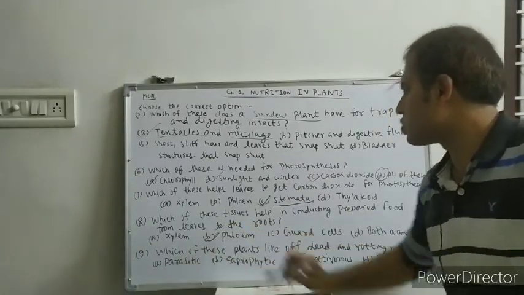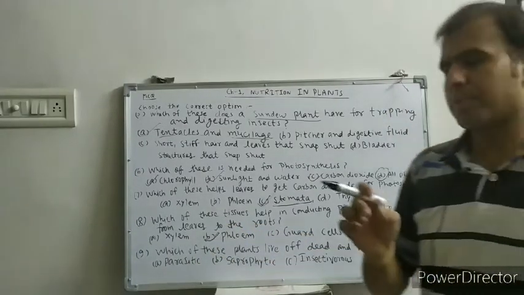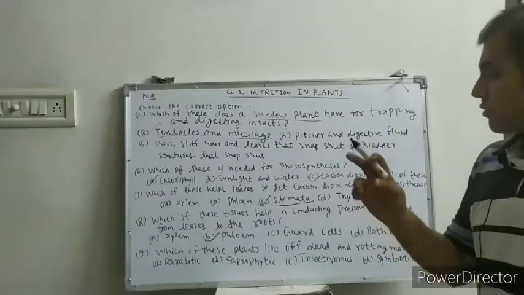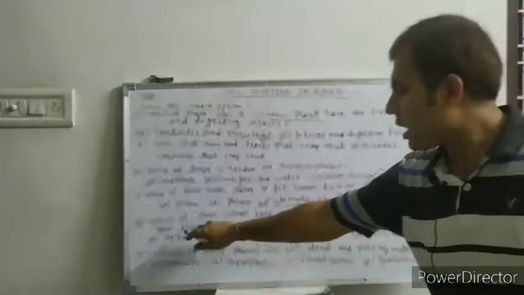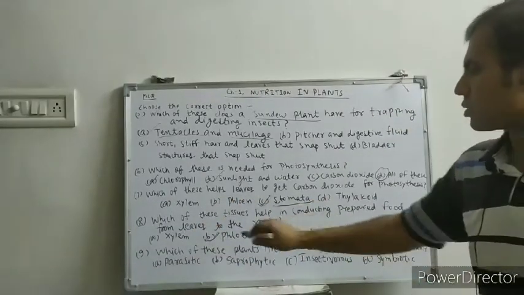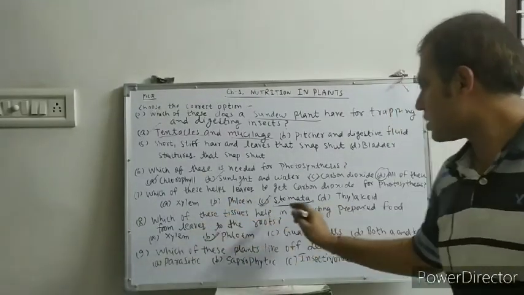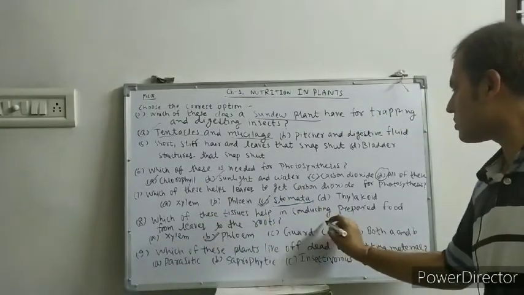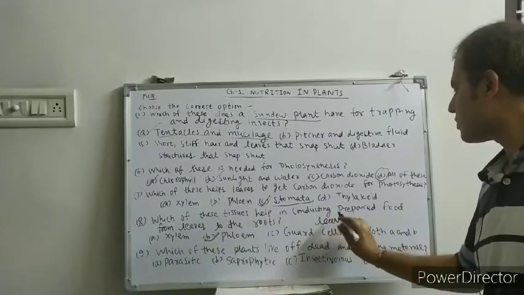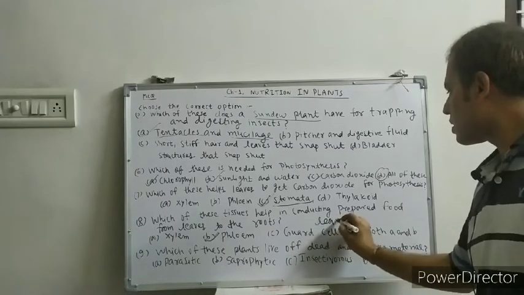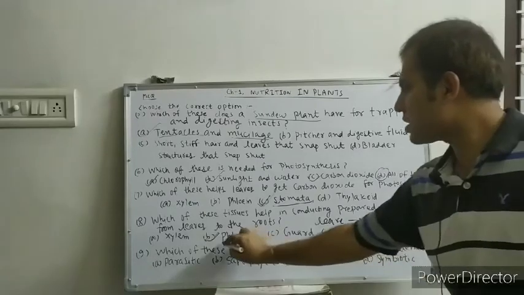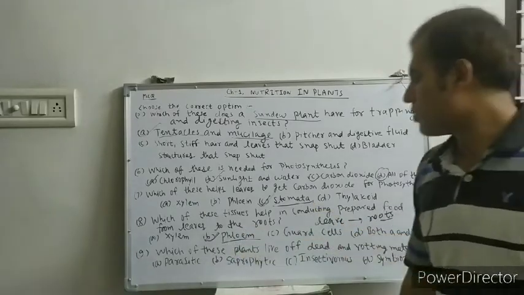Phloem tissue helps in conducting prepared food from leaves to the roots, while from roots to the leaf, the answer is xylem. But here the question is about conducting prepared food from leaves to roots. So the correct answer is phloem.